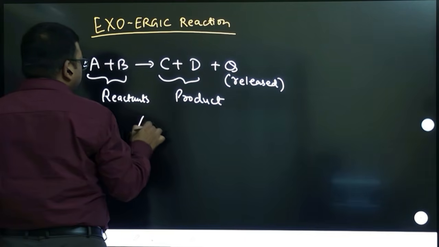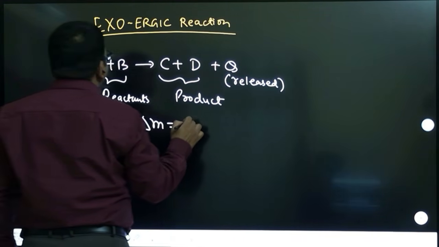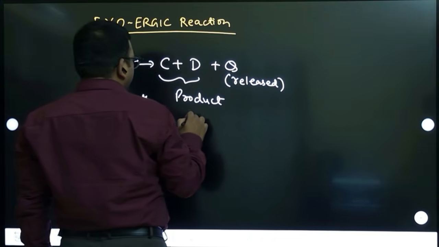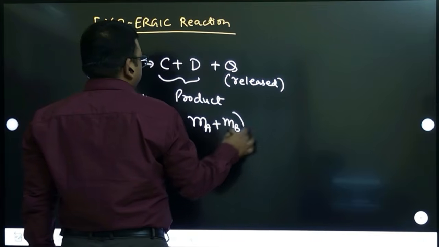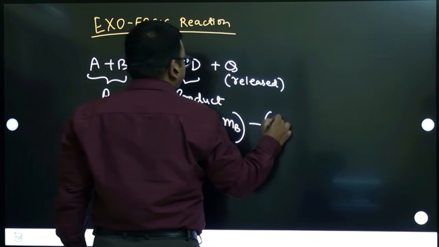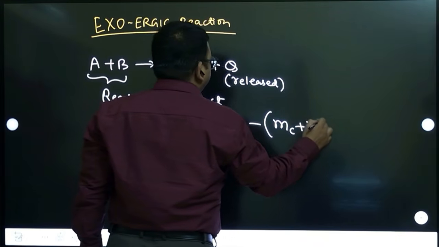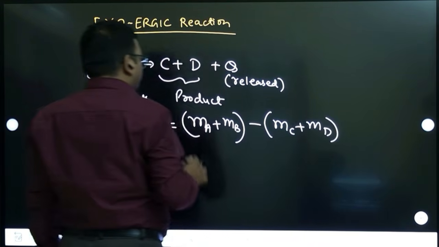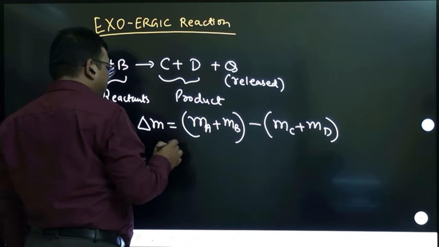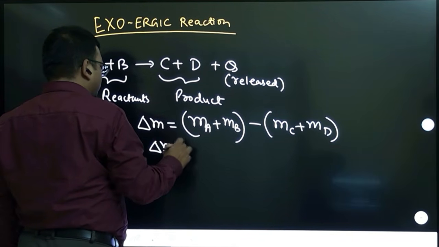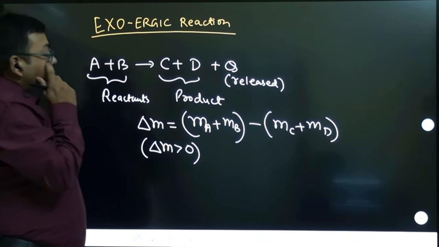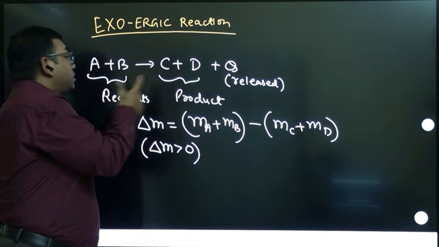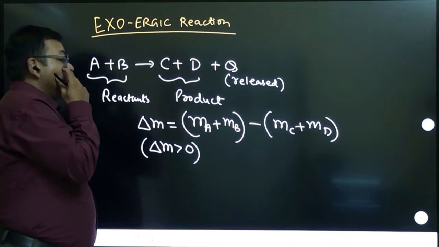So we can calculate the mass change delta m, which is mass of A plus mass of B minus mass of C plus mass of D. Delta m is definitely positive. We are considering mass changes. So this side mass is more, this side mass is less.